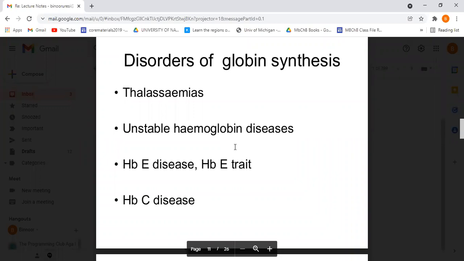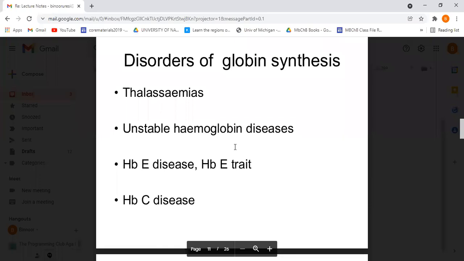It's either reduced or a complete lack of the globin chain. So if you don't have the globin chain, then you can't have hemoglobin synthesized. It's reduced. Conditions like unstable hemoglobin diseases, hemoglobin E disease, or hemoglobin E trait, hemoglobin C disease. So they're basically abnormalities in the globin synthesis: thalassemias, hemoglobin E, hemoglobin C.